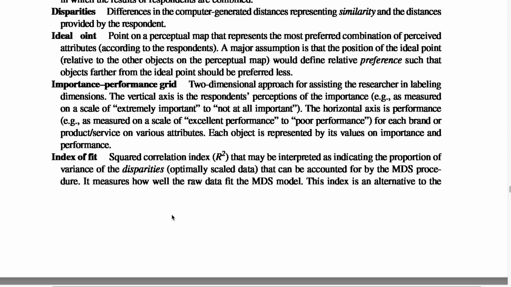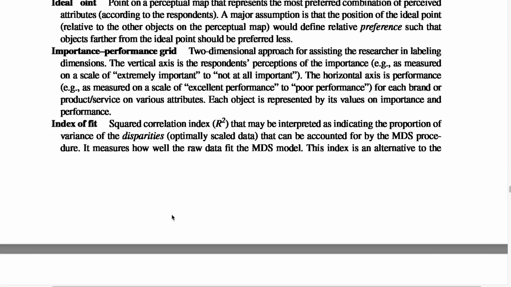Index of fit. Square correlation index R square that can be interpreted as indicating the proportion of the variance of the disparities of optimally scaled data that can be accounted for by the MDS multidimensional scaling procedure.